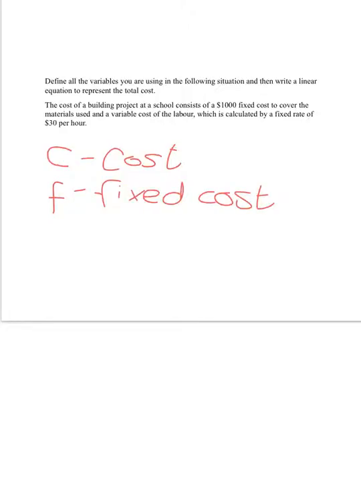And a variable cost of labor, which is calculated at a fixed rate of $30 per hour. So for labor, put an L. Okay, so we've got our C, our F, and our L.